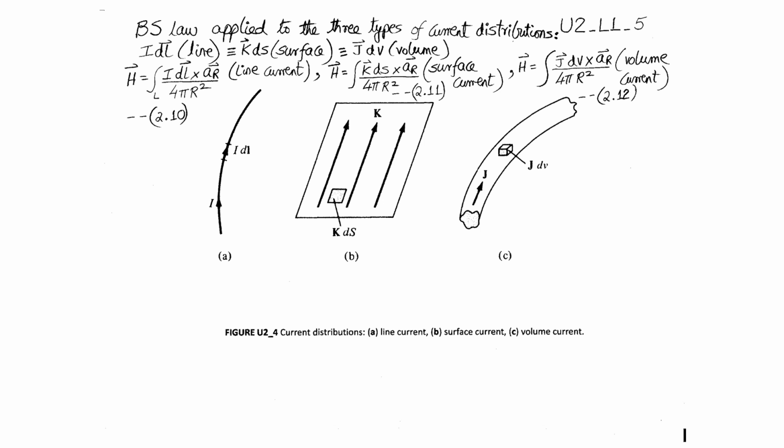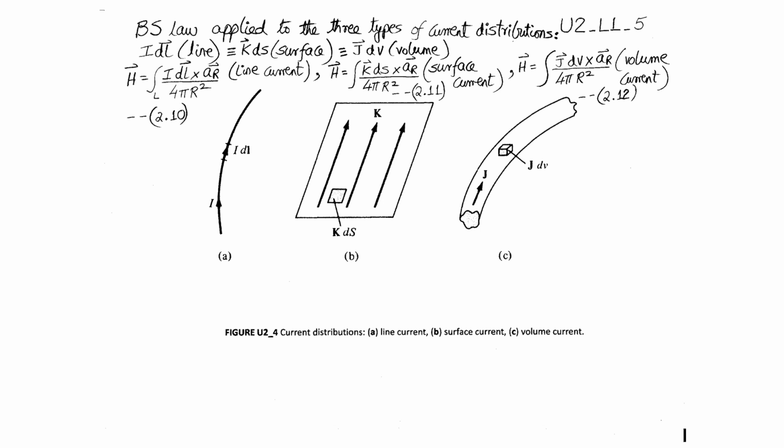Therefore, the complete total magnetic field will be nothing but the line integral of I dl cross aR vector divided by 4 pi r squared as stated in equation 2.10. And this line element is shown in figure U2_4a.